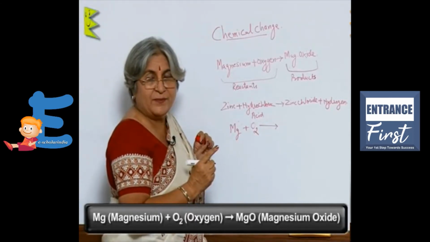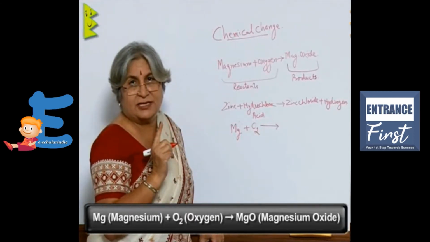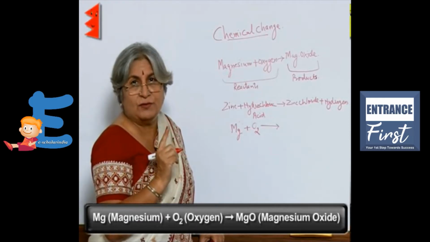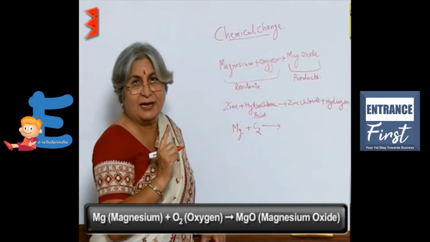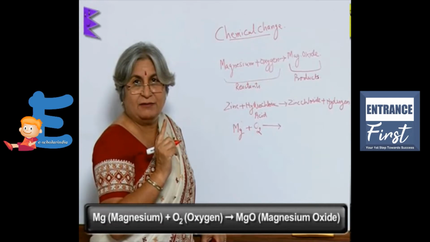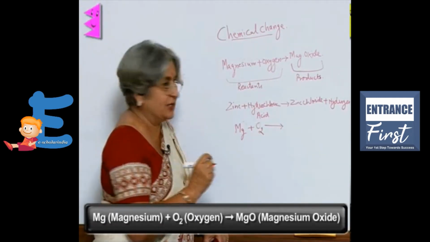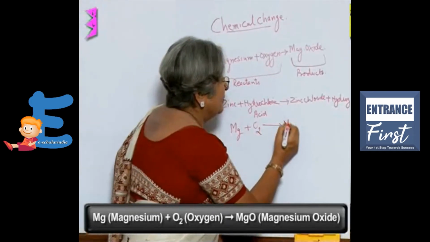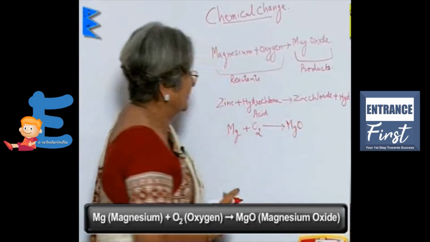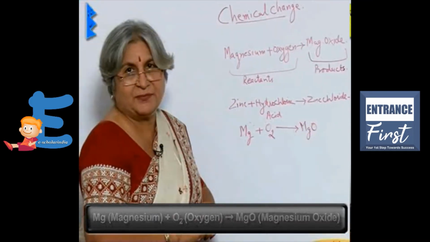What is the formula? As both oxygen and magnesium have two valency, the formula will be as if there is only one atom of magnesium and one of oxygen. So it will be MgO. See how small it has become?